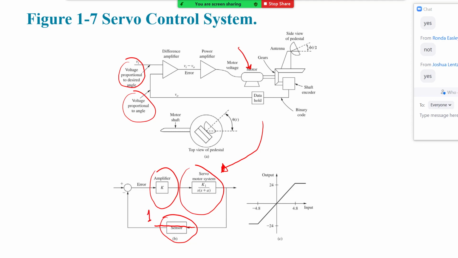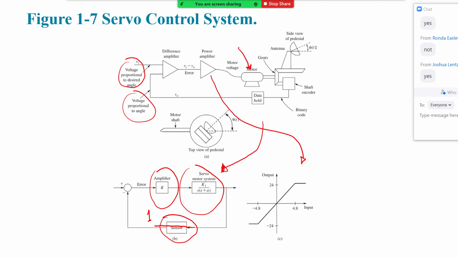Now one thing to mention here is that this amplifier, just like any other component, might behave linearly within a range, and then it will saturate. So this graph on the right shows the behavior of this power amplifier.